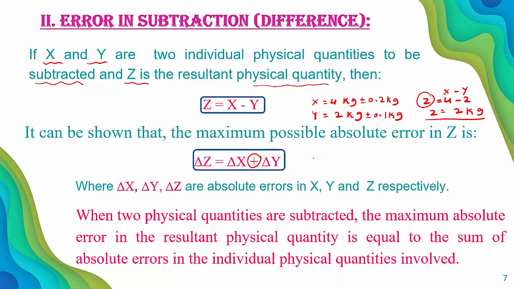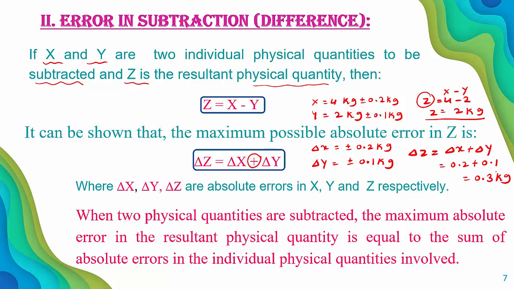So here I can find delta z. First, delta x is how much? Plus or minus 0.2 kg. Delta y is plus or minus 0.1 kg. Now how to find delta z? Delta z means delta x plus delta y. That means 0.2 plus 0.1. What is the answer? 0.3 kg.